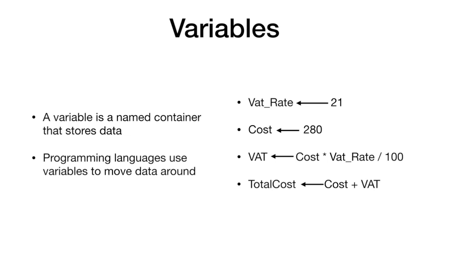And a variable is a container that has a name, and we can store information in that container, and we can talk about the contents of that container by referring to the name. So you see there where we had VAT gets cost multiplied by VAT rate divided by 100, we're talking about the contents of those variables. And this is how programs get to do things with information.